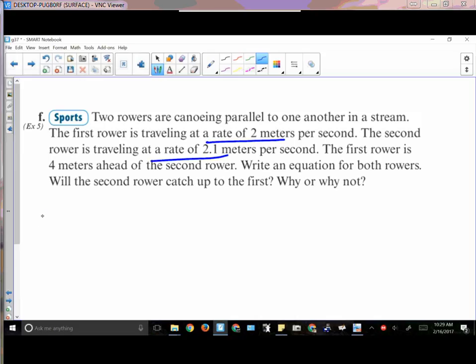So if I had number 1 and number 2, y would be equal to 2x. Y here is going to be equal to 2.1x. So one is going faster than the other. So eventually, somebody is going to. So that would have to be a yes for that one.